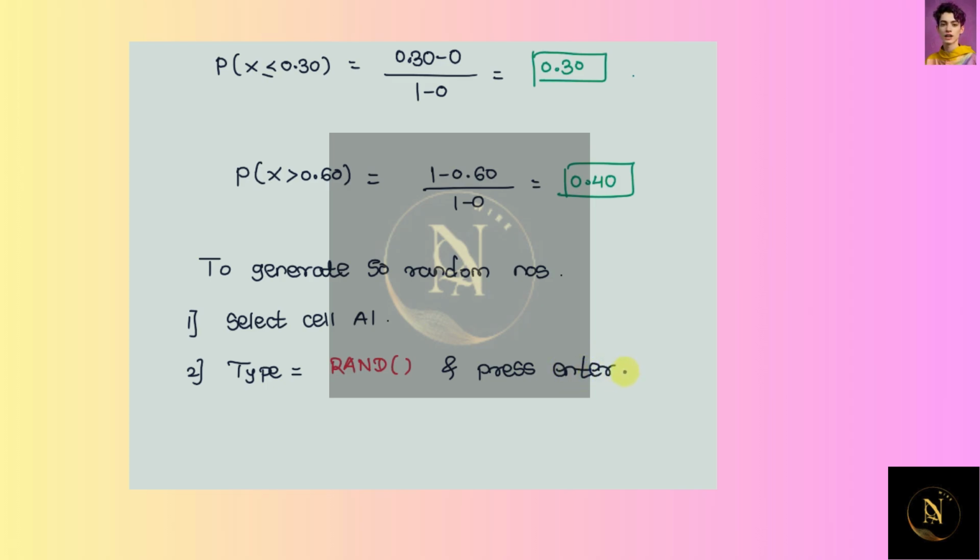After pressing the enter key, we will get one random number in the cell A1.